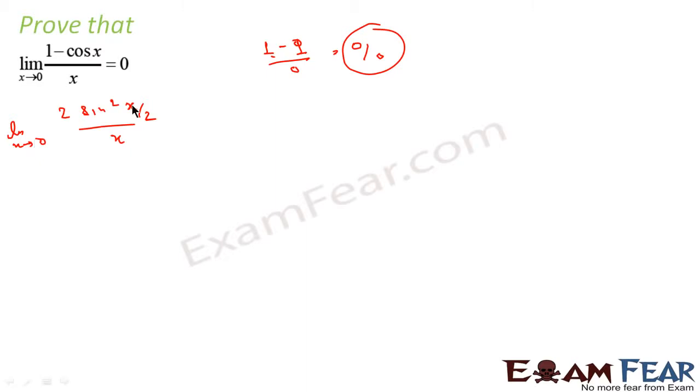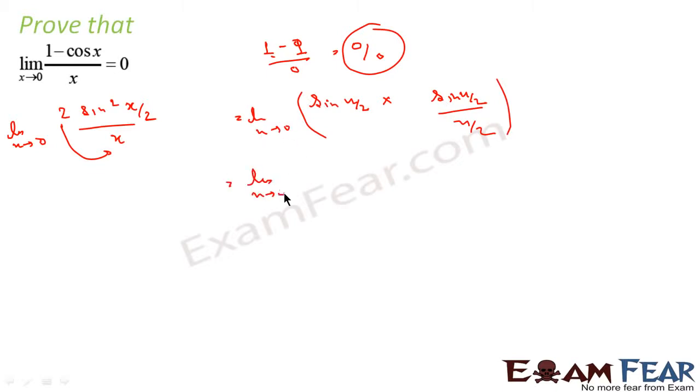Or we can write this as sine of x by 2, into sine of x by 2, divided by x by 2. This 2 I will take this side, the whole thing with limit x tends to 0. Or I can write this as limit of x tends to 0 of sine x by 2, into limit of x tends to 0 of sine of x by 2 by x by 2.